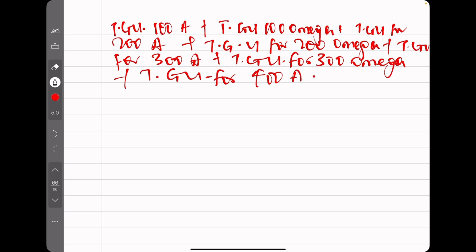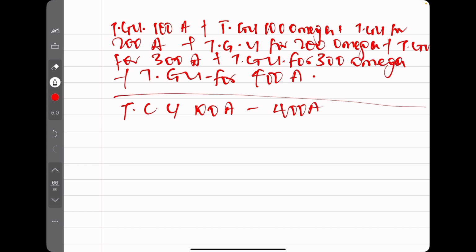That's assuming you are in 400 level alpha, and you do everything over total credit units for each of these semesters, 100 level alpha to 400 level alpha. And when you do this, your answer is going to be your CGPA at the end of 400 level alpha semester.